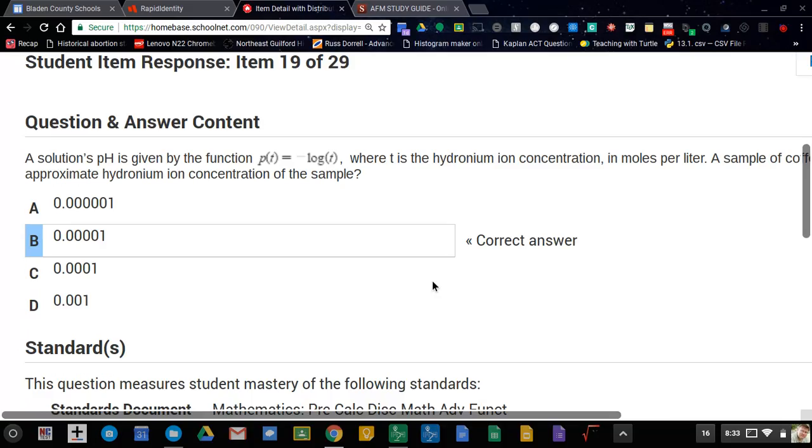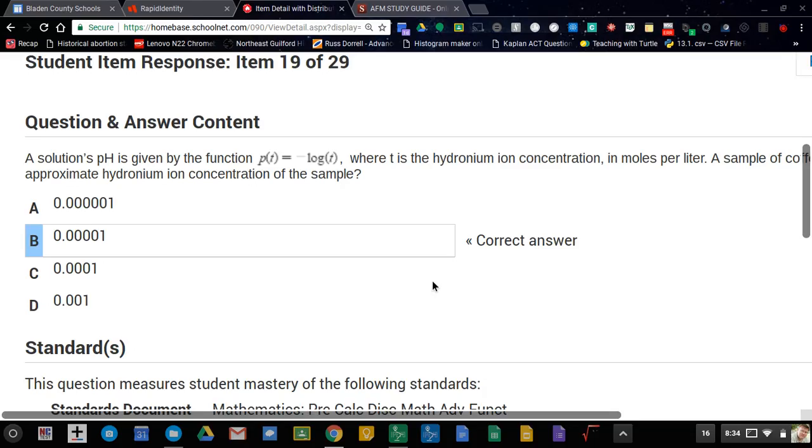All right, guys, do you have to know what hydronium ion concentration is? No. So when you read a problem like this, don't panic and freak out because the words are so big that I'd have to go to college for 20 years to figure out what it is. Okay? No. All you have to know is that's my function, and then what am I going to do with my function?